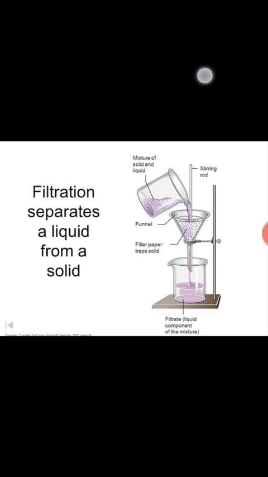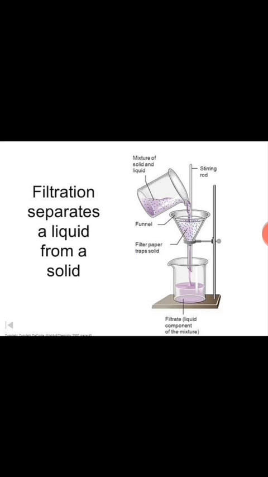So what you will expect to have below here, inside the receiving beaker, is your water, that is the liquid, and we call it the filtrate. And what is left on the filter paper is the solid, which we also call the residue. So that is also a method used in separation techniques.